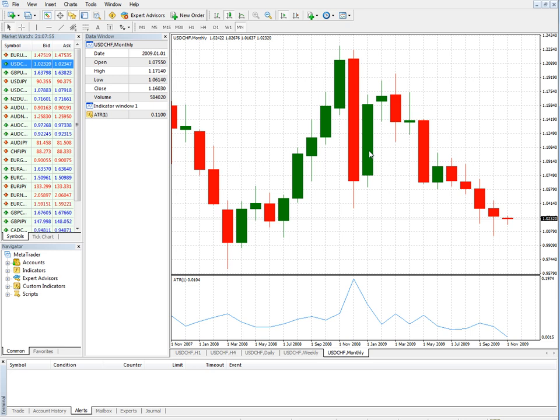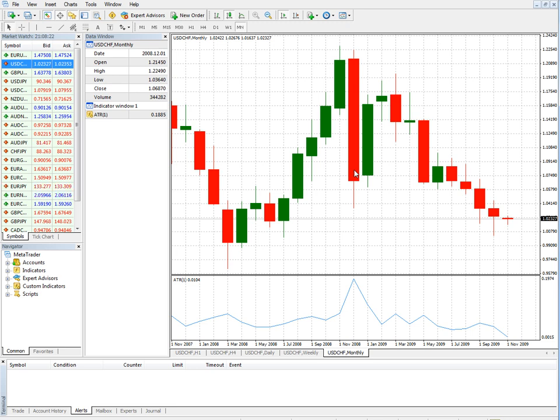This is a 1,000 pip bar. So if you're trading on either side of this, then you're talking about 1,000 pips. If you're going short, you're talking about a 1,000 pip stop loss on the other side of that. If you're going long, you're talking about a 1,000 pip stop loss on the other side of that. So the size of the bars, the magnitude of the move, makes a big difference too.